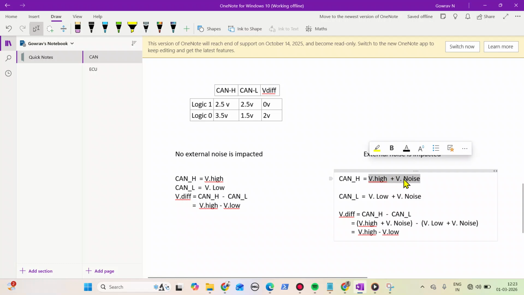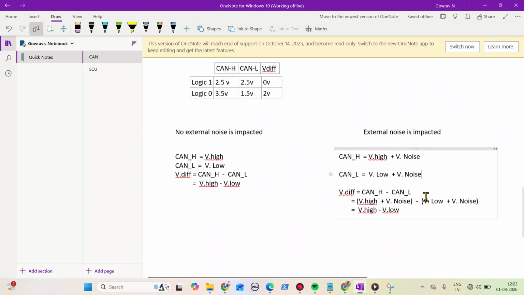This is the unwanted voltage that is getting induced in the wire. Similarly in CAN low also, this is the low voltage which the transmitter is willing to transmit, and this is the noise voltage induced due to external events.